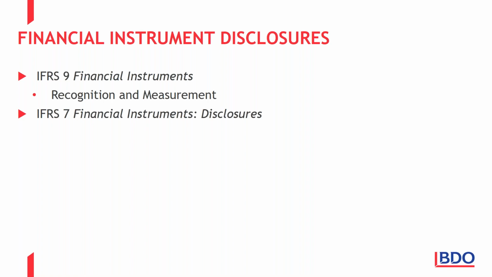So it's important that you don't look for the disclosure requirements in IFRS 9, but actually go to that separate standard, IFRS 7, for the disclosure requirements. And we know the other standard dealing with financial instruments would be AASB 132, which looks at presentation.